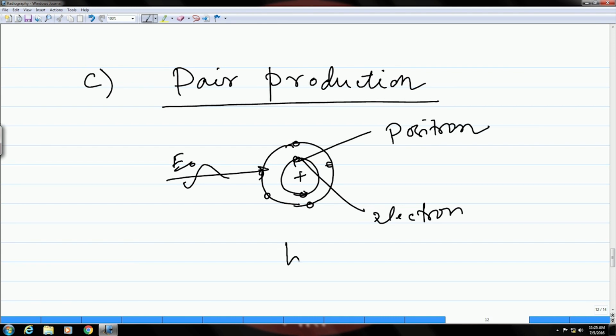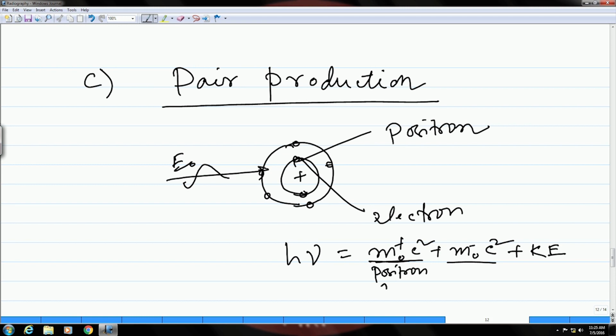Okay, and if you see the energy balance for this, the energy of the photon is absorbed to create these masses for the positron and the electron mass.